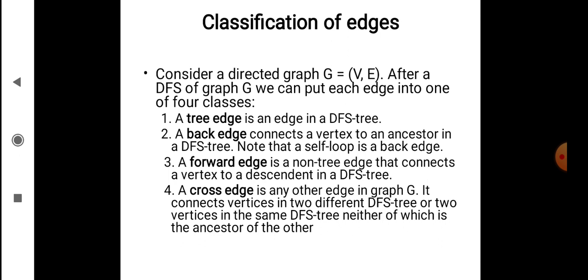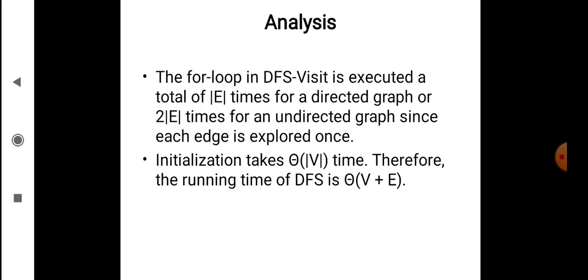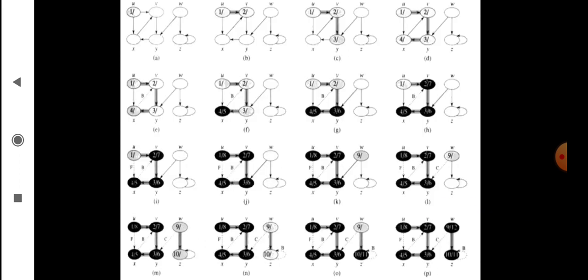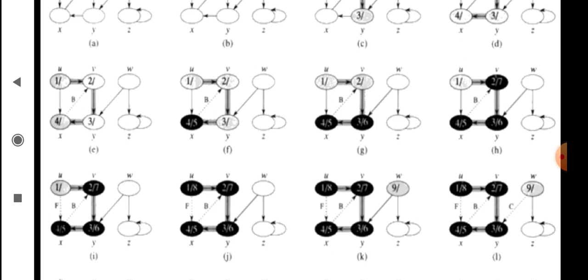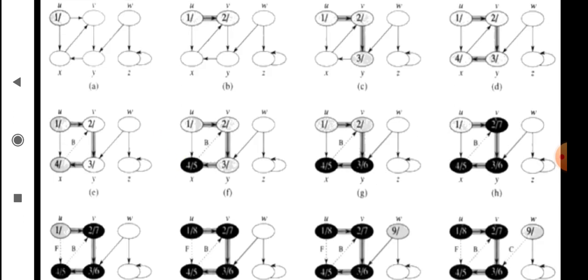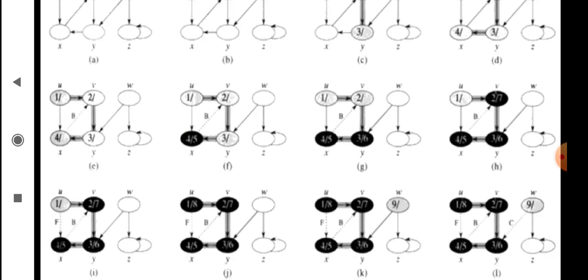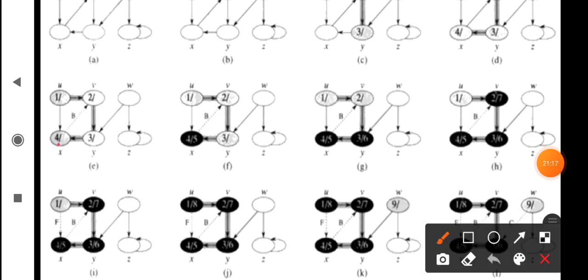It connects vertices in two different DFS trees, or two vertices in the same DFS tree, neither of which is an ancestor of the other. So for example, here this edge indicates a back edge, that is, from the node to its ancestor.